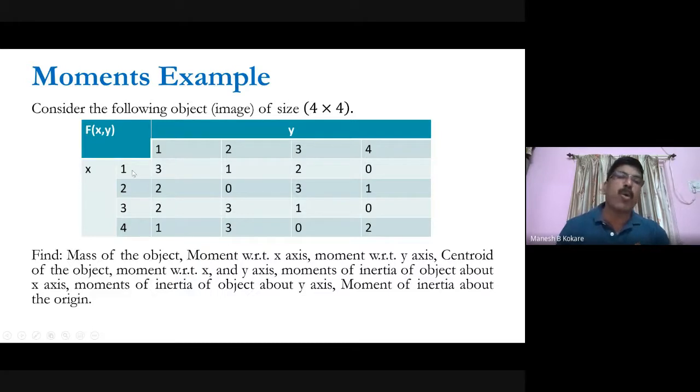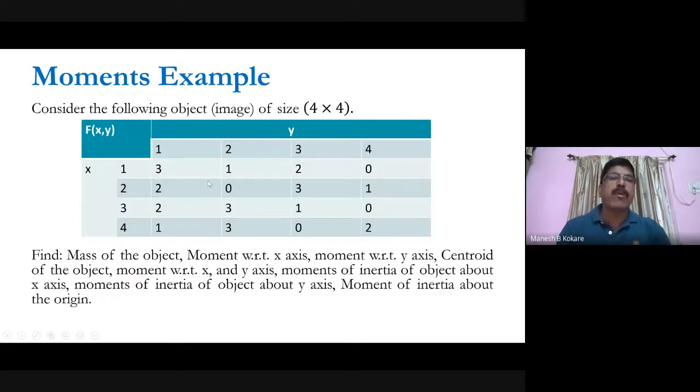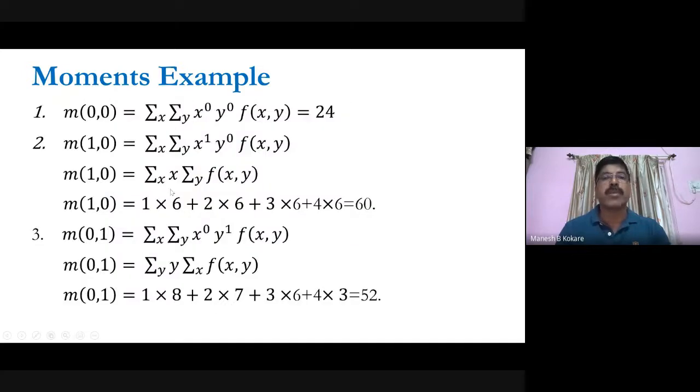So this is 1 multiplied by 6. This row is 1, and the summation of f of xy over y in that row is equal to 6. Now the second value, what is the value of x? 2. What is the summation value of this row? 2 plus 3 plus 1. Again it is 6. So it is 2 into 6.